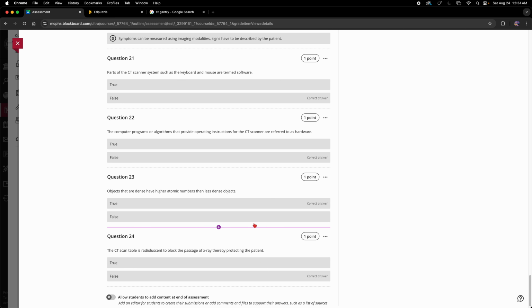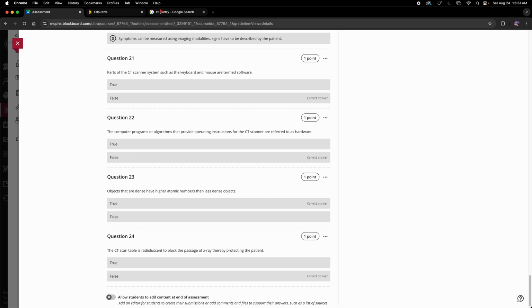Number 23, objects that are dense have higher atomic numbers than less dense objects. That would be accurate, right? A CT scan table is radiolucent to block the passage of X-rays, thereby protecting the patient. That'll be false.